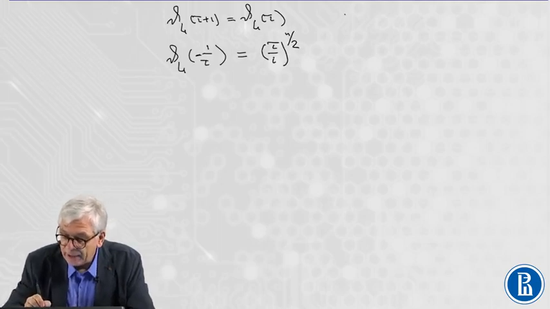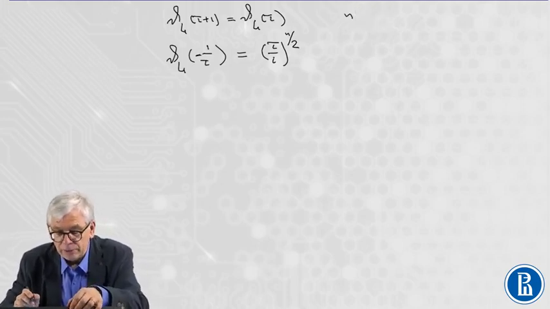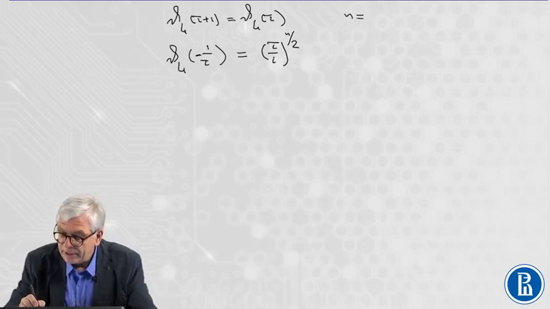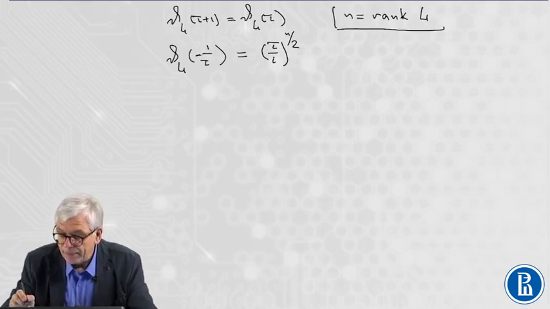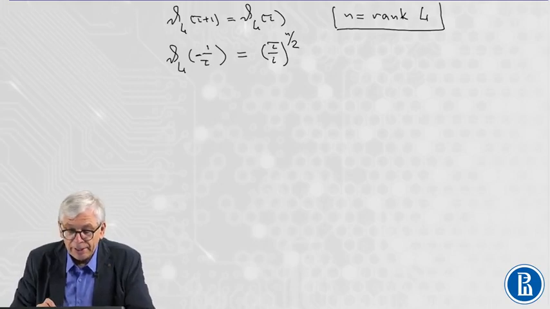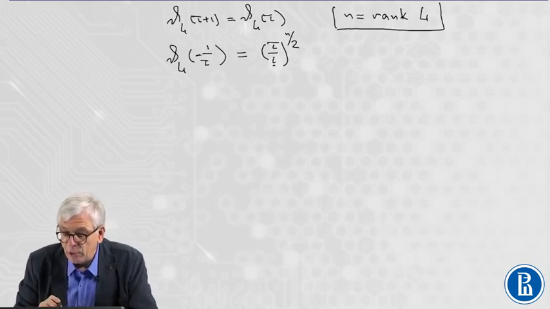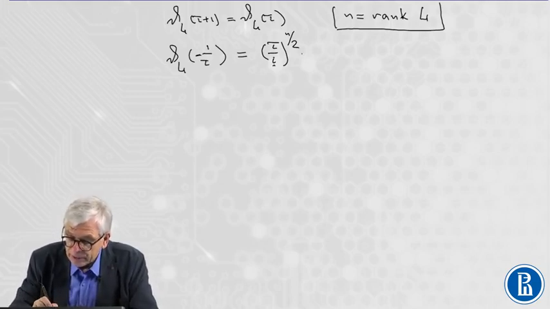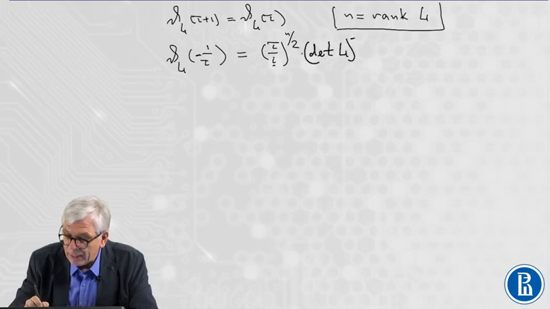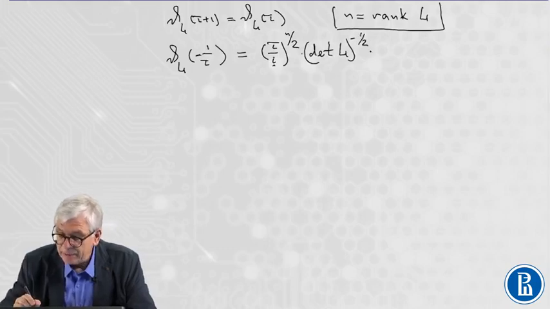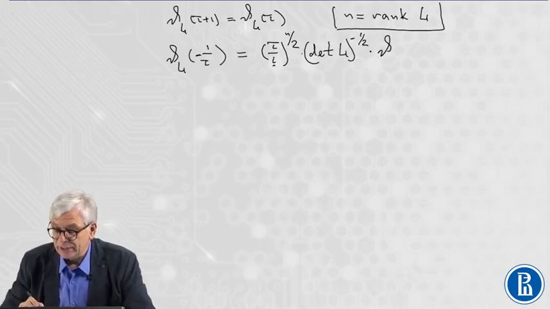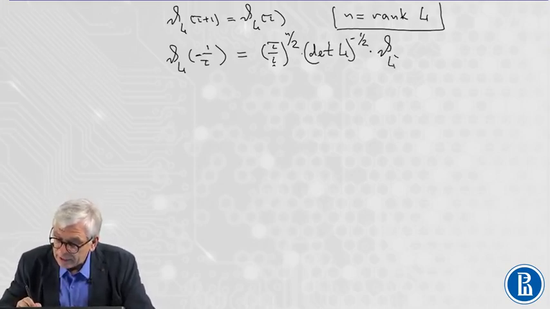I remind you that n is the rank of the quadratic lattice L. So the function at -1 over tau is equal to tau over i to the power n over 2 times determinant of the lattice L to the power -1/2 times the same function, at tau, but for the dual lattice L.